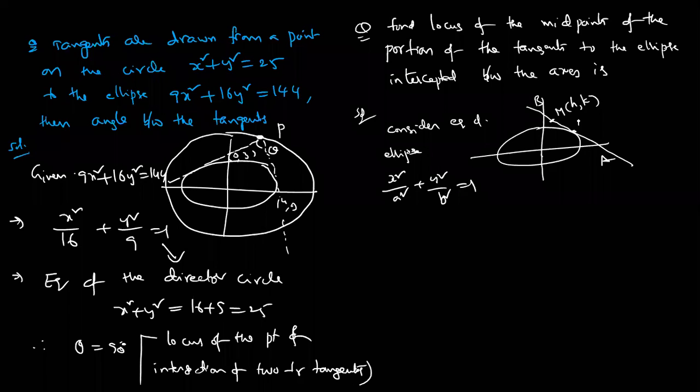So here the point is (a cos theta, b sin theta). For locus, it is better to take this one.